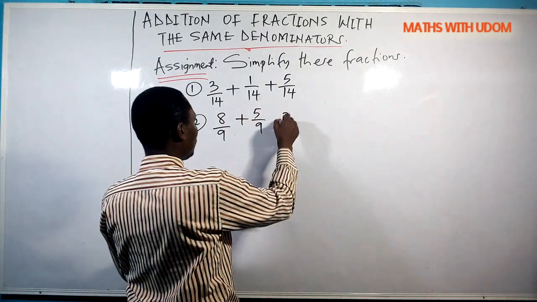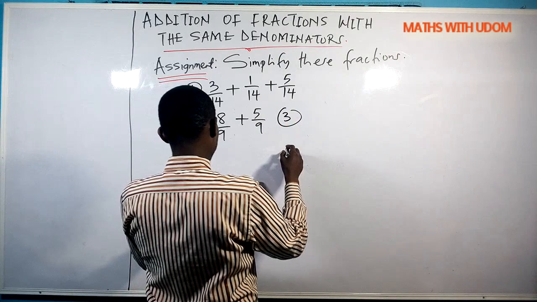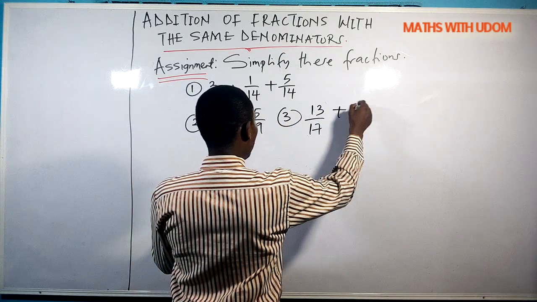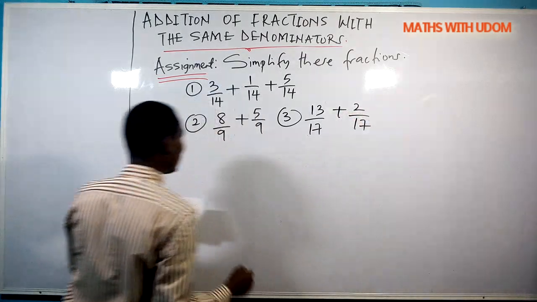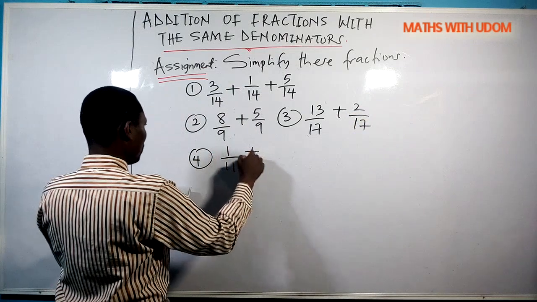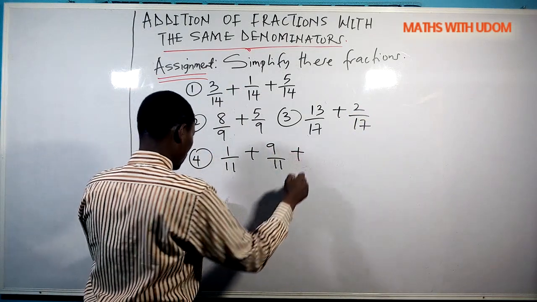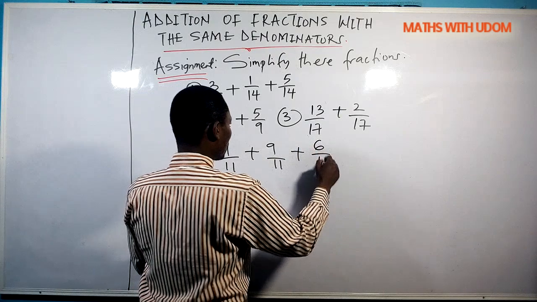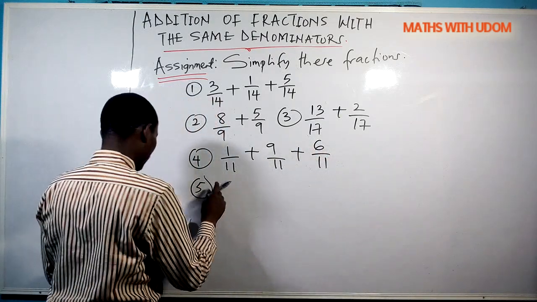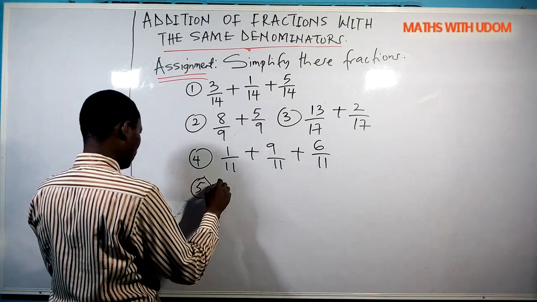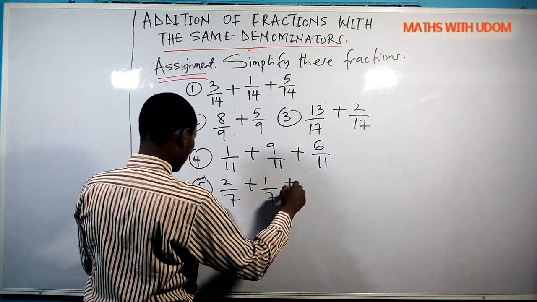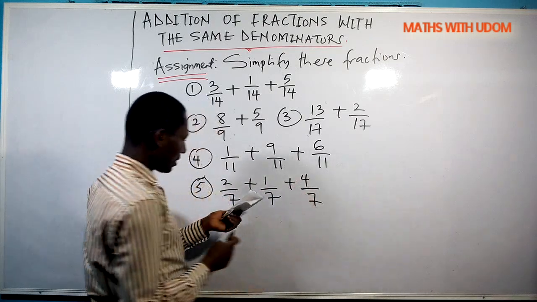Number 3, we have 13 over 17 plus 2 over 17. Number 4, we have 1 over 11 plus 9 over 11 plus 6 over 11. And lastly, number 5, which is 2 over 7 plus 1 over 7 plus 4 over 7.